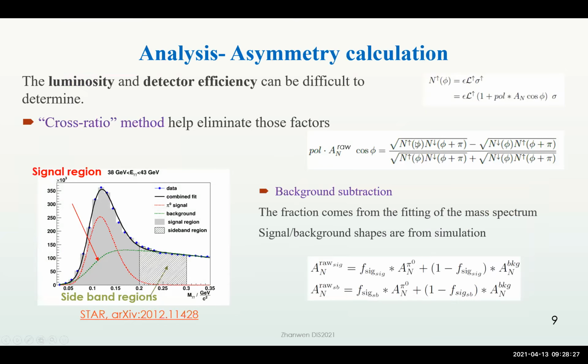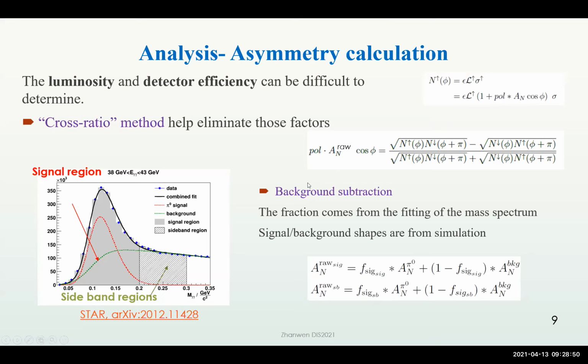We measure the number when the spin is in one direction, and the number when the spin is in the opposite direction. After some formula that we use to lower the uncertainty, we can calculate the AN, which is the TSSA.